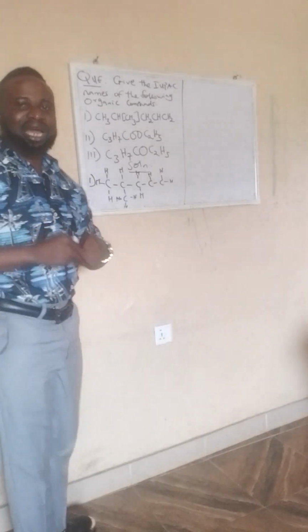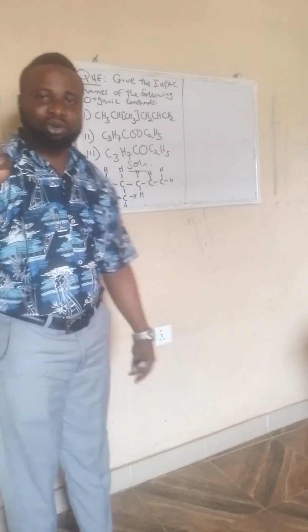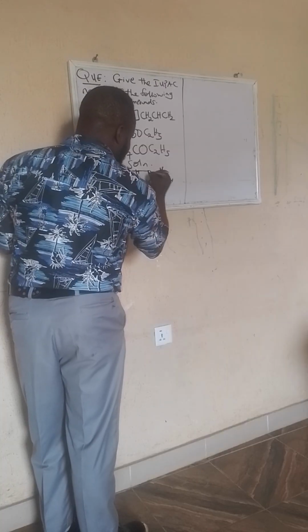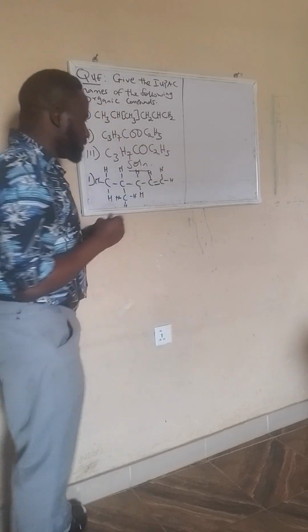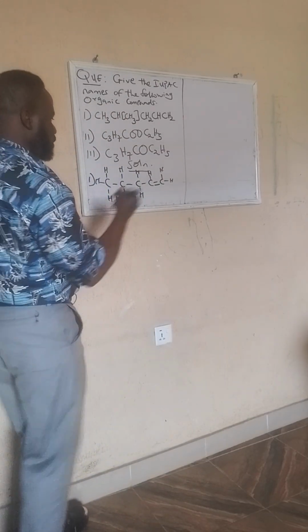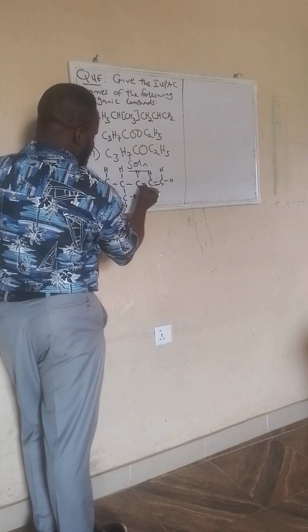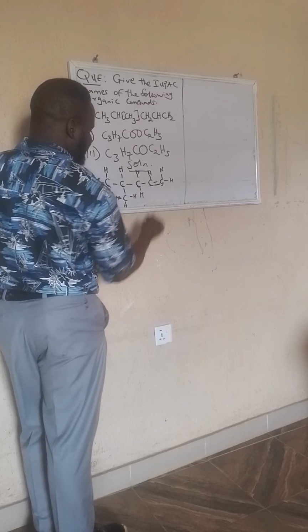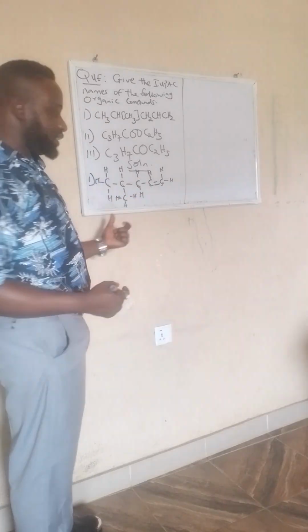Now, carbon has to be surrounded by 4 bonds always in any compound. It means this place is going to have a multiple bond. There's going to be a double bond there. So the longest continuous carbon chain will be 1, 2, 3, 4, 5. Either way, it's still going to give the same name.